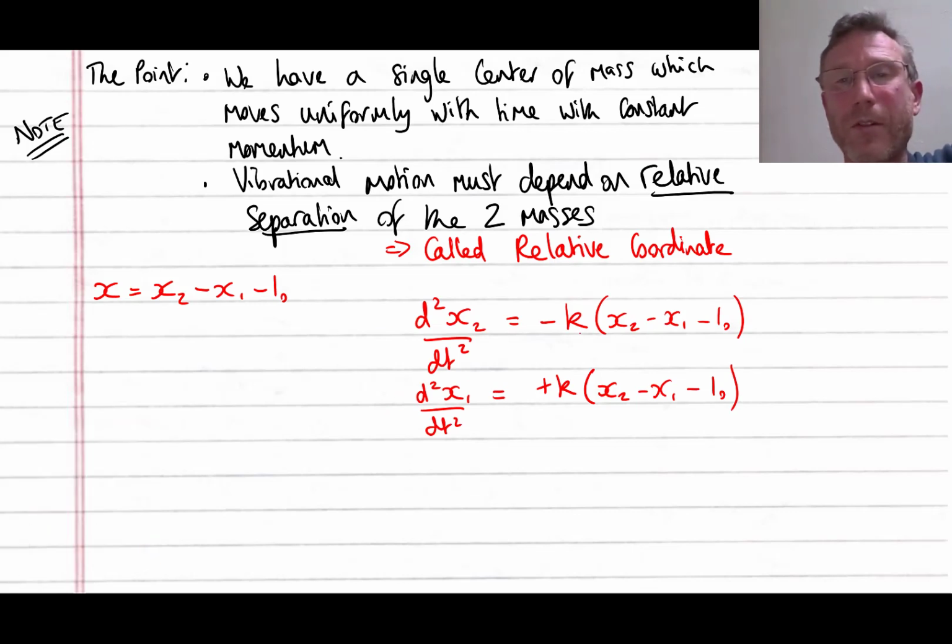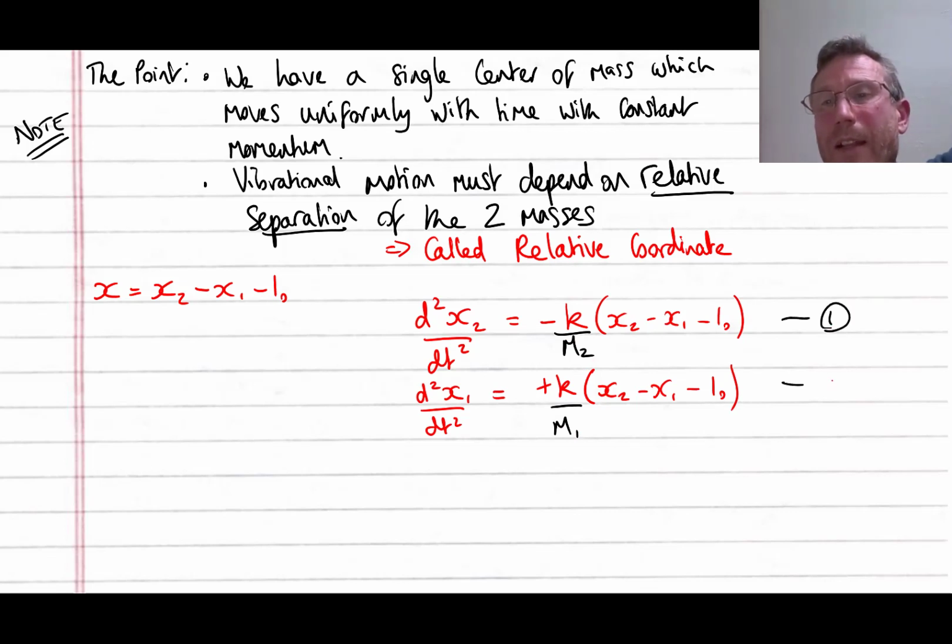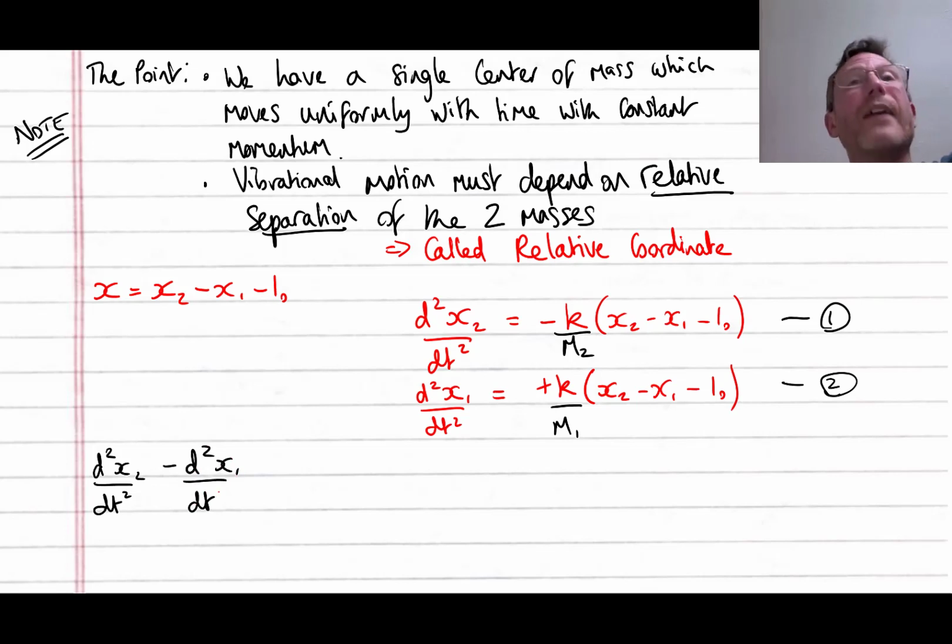Okay, so I'm not going to do anything crazy in here mathematically, but this is m2 in here and m1 in here. Let's call this equation number 1 and let's call this equation number 2, and we're going to subtract equation number 2 from equation number 1. So we end up with d squared x2 by dt squared minus d squared x1 by dt squared, and that's equal to minus k (1 over m1 plus 1 over m2).